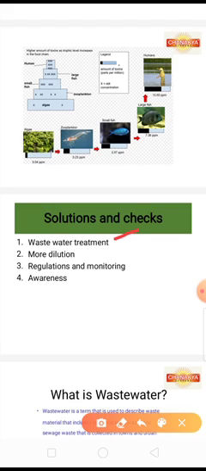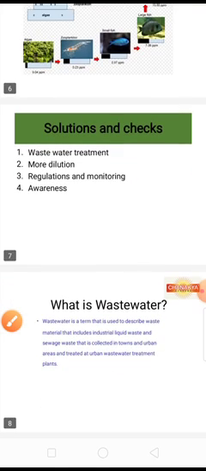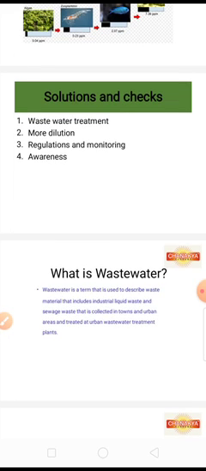First, by wastewater treatment: the waste coming from homes and industries, we should treat it. Then we can make it more dilute. Then regulation and monitoring, and awareness, that is, we should make citizens aware of how we can save water.